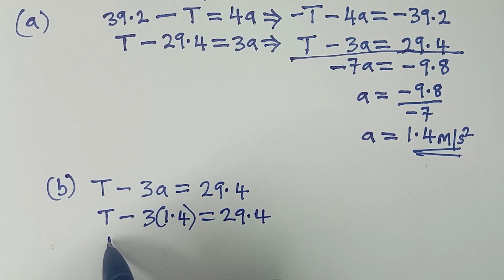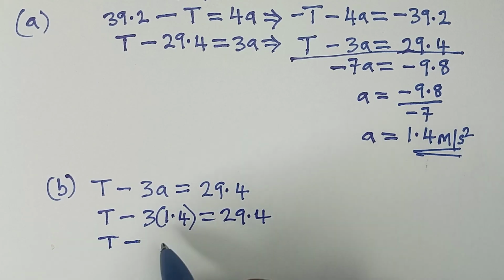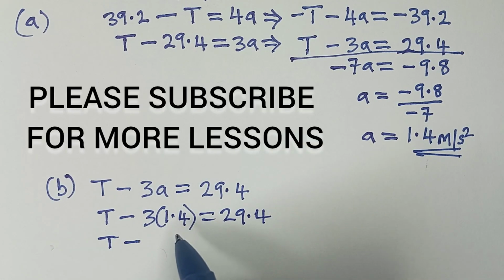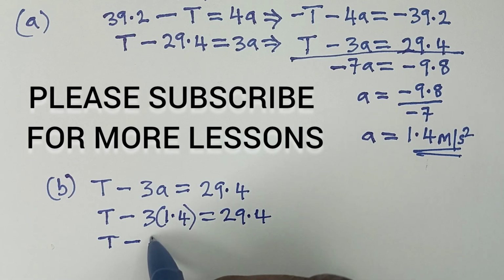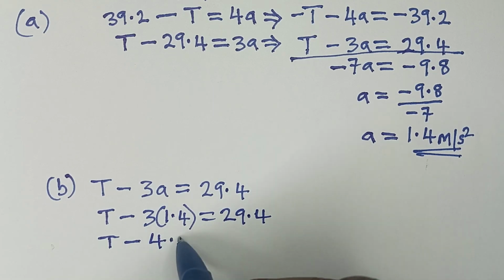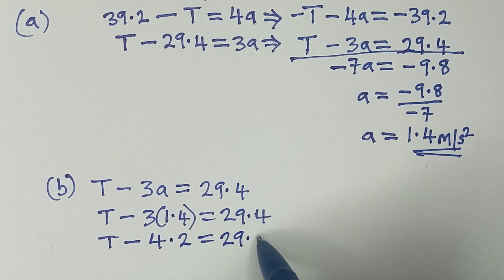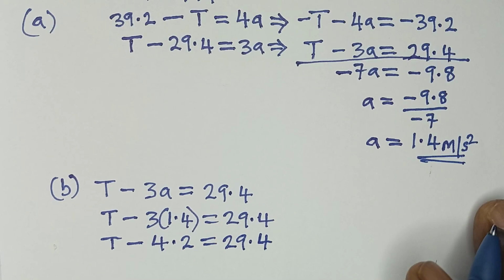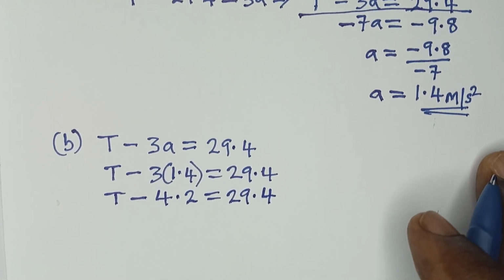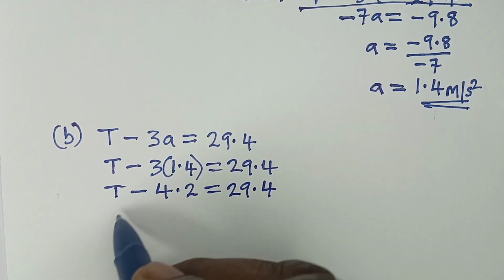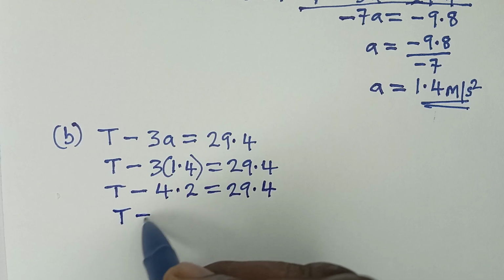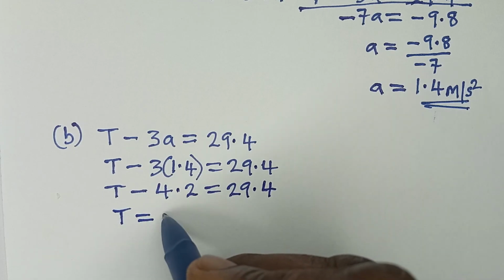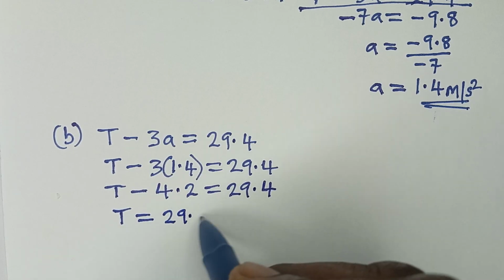So 3 multiplied by 1.4 will give us 4.2. So I have T minus 4.2 is equal to 29.4. Moving on, we have T is equal to 29.4 now.